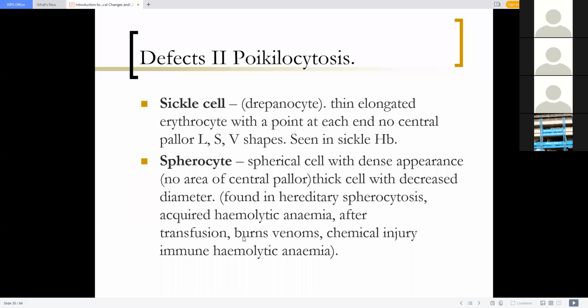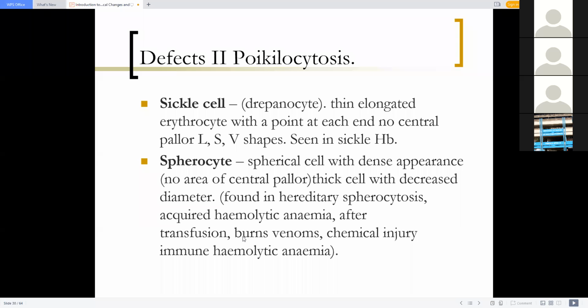So if you have deficiencies in spectrin, then you get a spherocyte. So it can occur as a genetic disorder, which is hereditary spherocytosis, which is inherited where there is a deficiency of the spectrin protein. To study this condition again, it can occur in other acquired conditions, like in certain hemolytic anemias, especially immune-mediated hemolytic anemias.